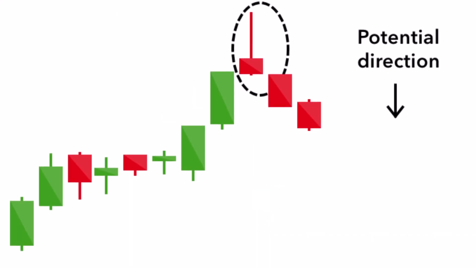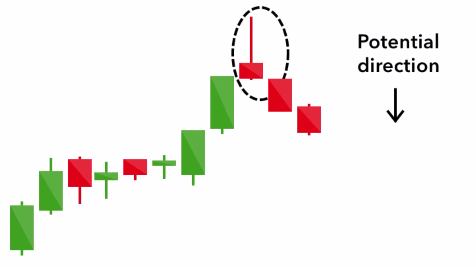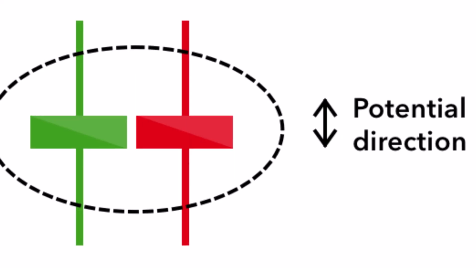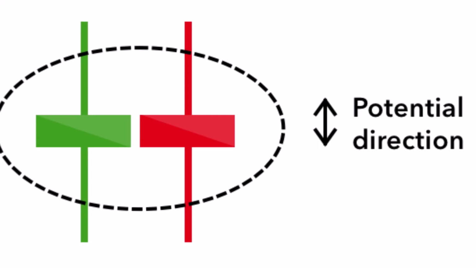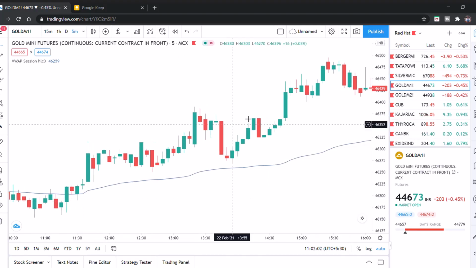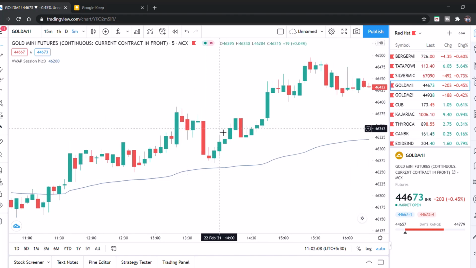And if the long wicks are above a candle, the price might go down. A candle with long wicks on both sides is an indecisive candle, which means there is both buying and selling power, and the price could go either direction. Once familiar with them, these candles can be really useful in making your trading decisions.